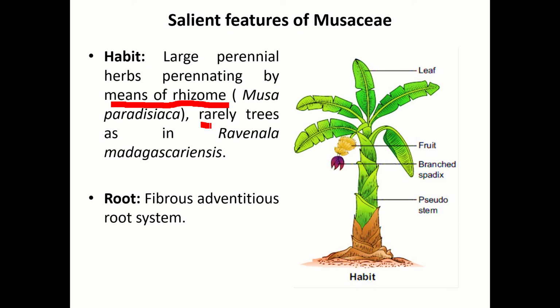One rare tree example is Ravenala. Root is a fibrous adventitious root system. The adventitious roots arise from the rhizome. From where do they arise? They arise from the rhizome.